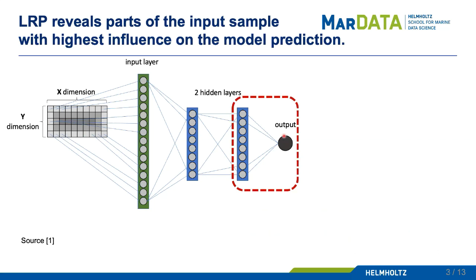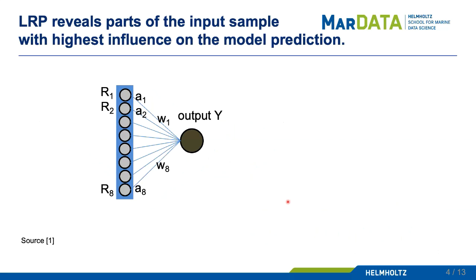So let's have a closer look at how to start with the connection of the output unit to the final layer. Y, as I said, is the model prediction, or the total relevance that we start with. Then I look at the final layer of the multilayer perceptron, which has output activations A1 through A8, and all units are fully connected to the output unit with weights W1 to W8.